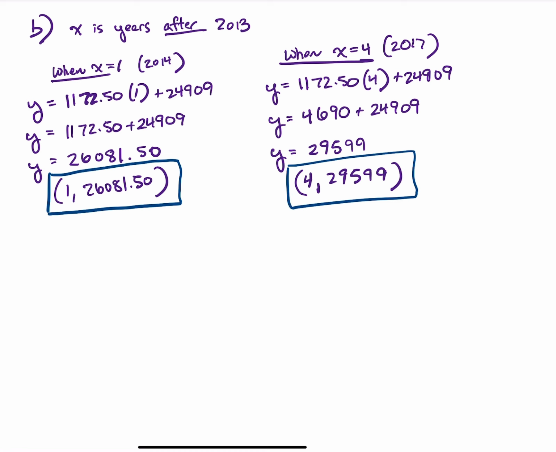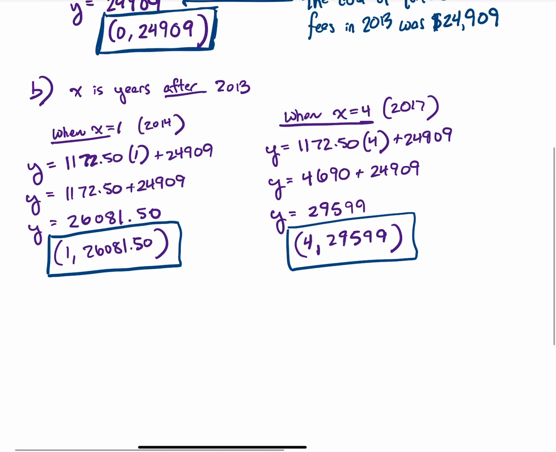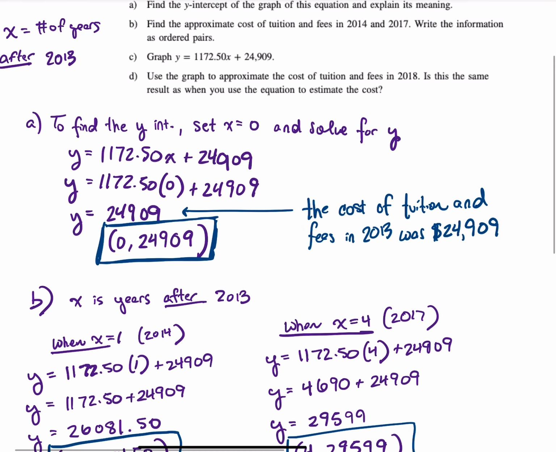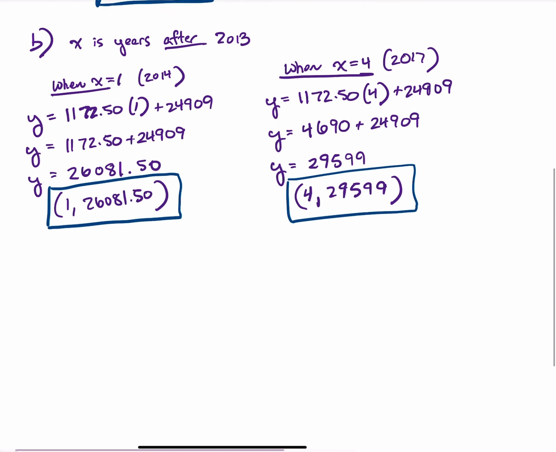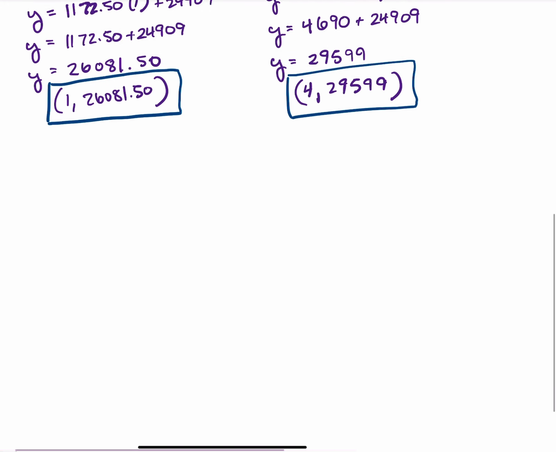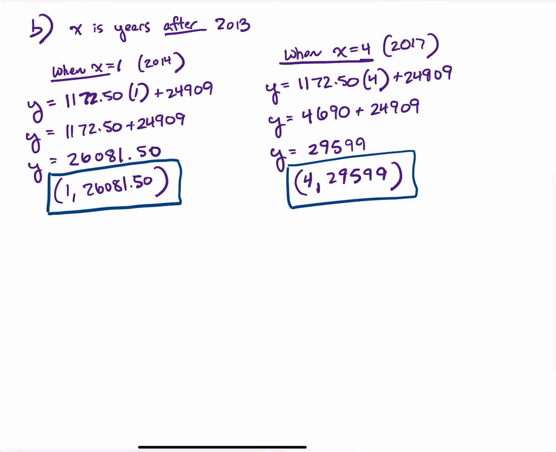Notice the cost is increasing as the years go by. Part C wants us to graph this, so we do have a couple points. The numbers are quite large. Let's build a little table of values.